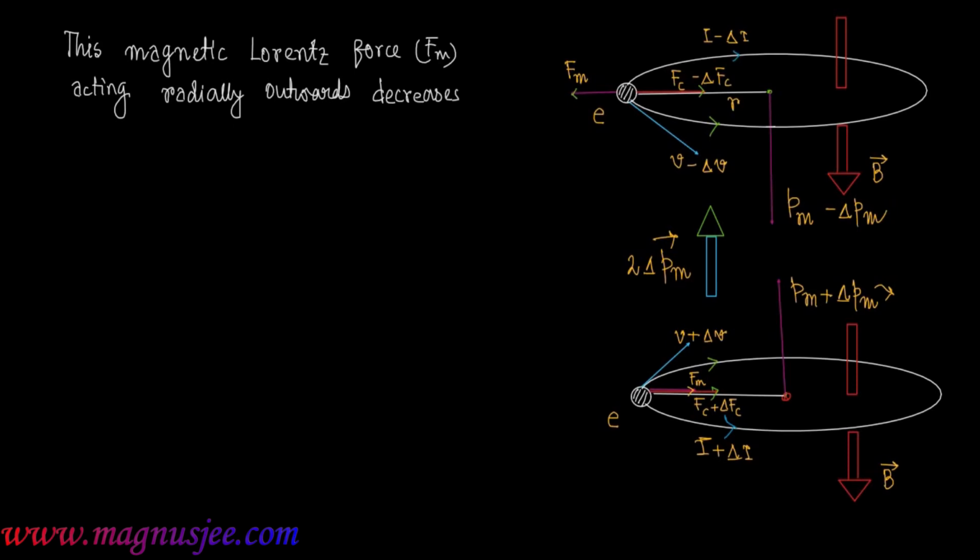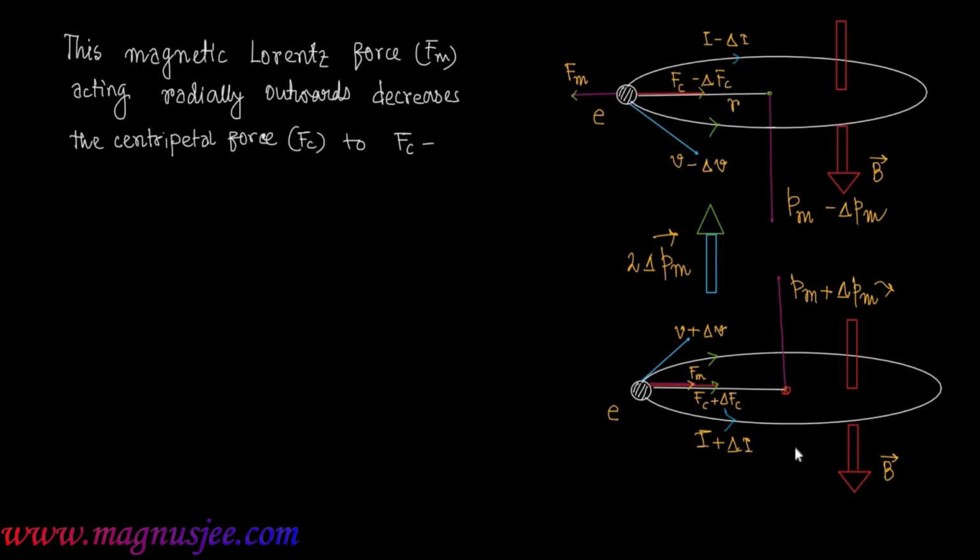And this magnetic Lorentz force Fm acting radially outwards decreases the centripetal force Fc to Fc minus delta Fc.